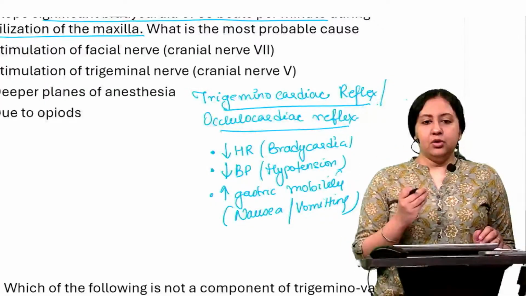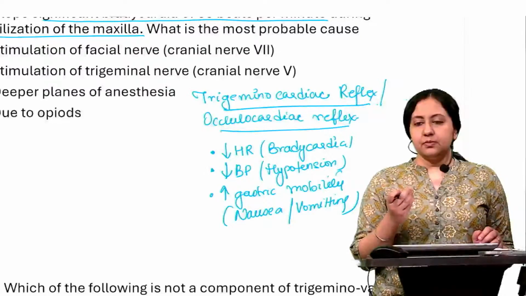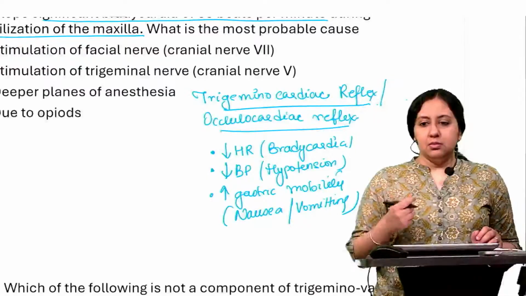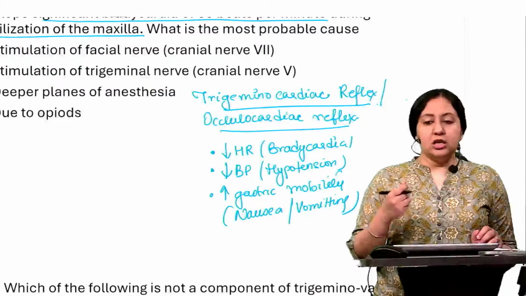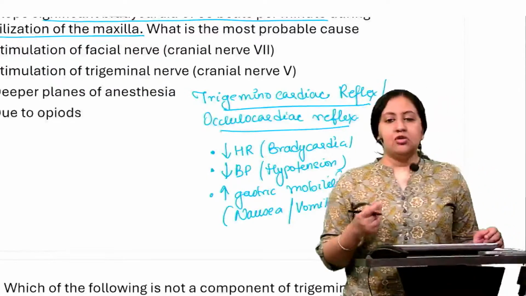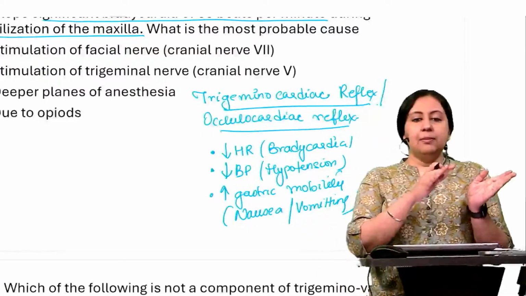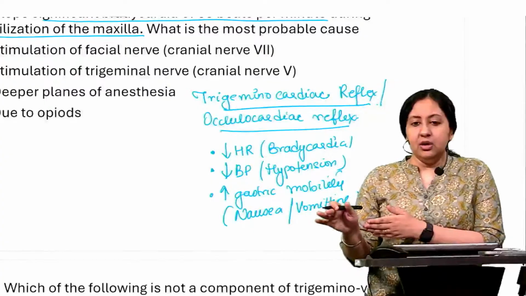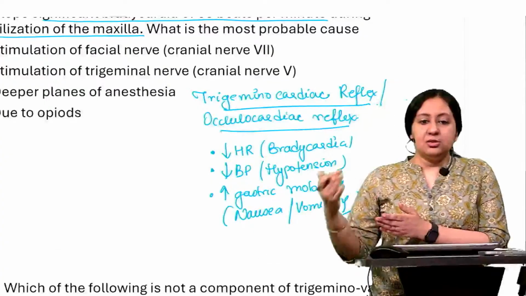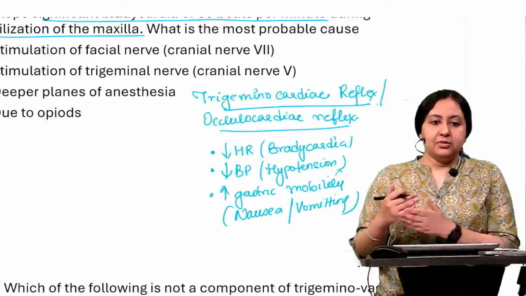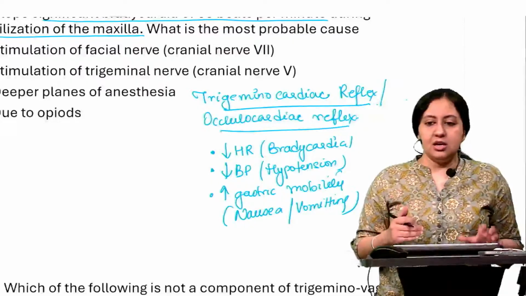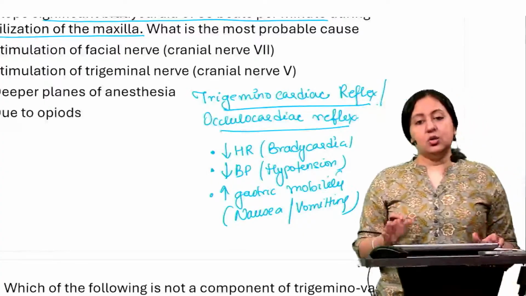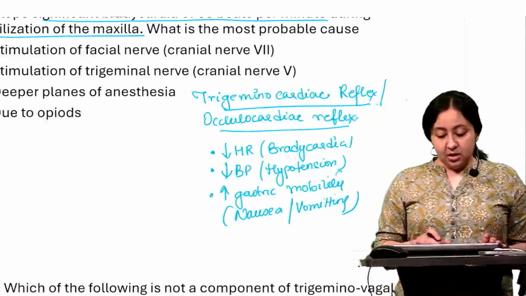So whenever there is a nasty stimulus to the trigeminal nerve, certain impulses might get transmitted to the vagus nerve and lead to its stimulation. Whenever that happens, you will see these three clinical signs: bradycardia, hypotension, and nausea, vomiting. Fine.